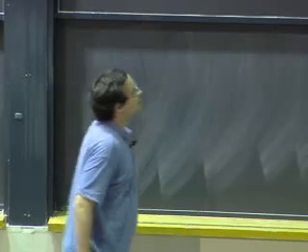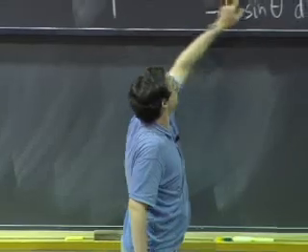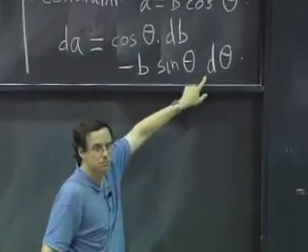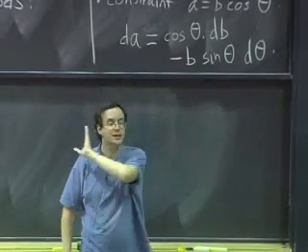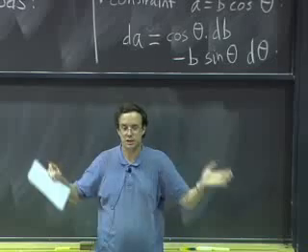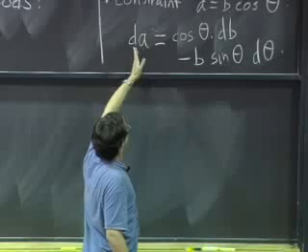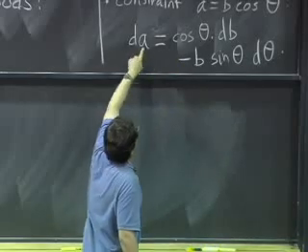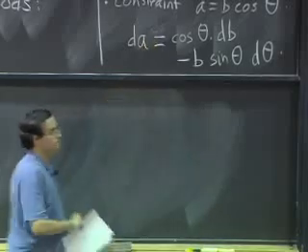Now we have a constraint that's relating dA, dB, and d theta. That's the same sort of thing as what we did at the beginning when we related dx, dy, and dz. That's really the same thing, except now our variables are a, b, and theta. Now we know that also we're keeping a fixed, so actually we set this equal to 0.